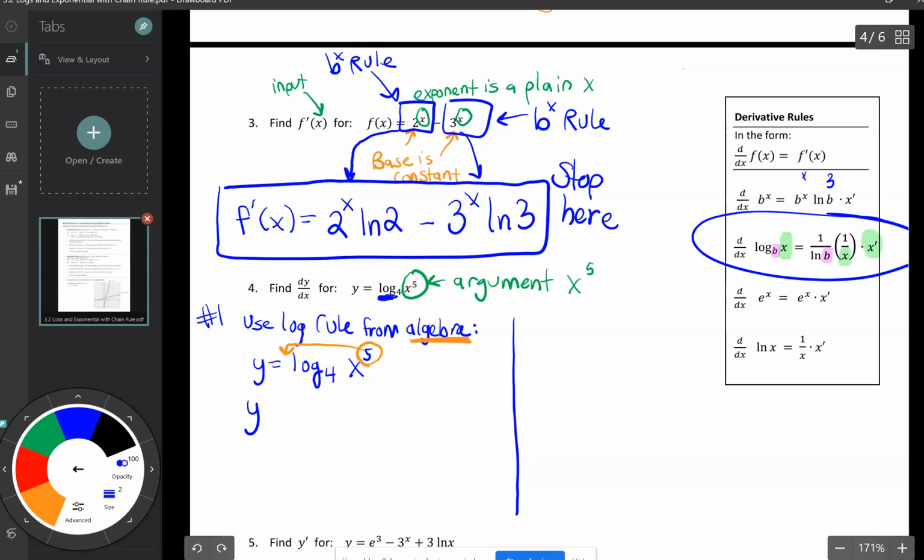So I'm leaving it y equals, because this is algebra, this is not calculus. And I'm going to drop the exponent in front of my log, and then I just have log base 4 of x. And now it more closely fits my generic log rule, because now my argument is a plain x. I don't need the chain rule anymore. I can still do the chain rule, I just don't need it.